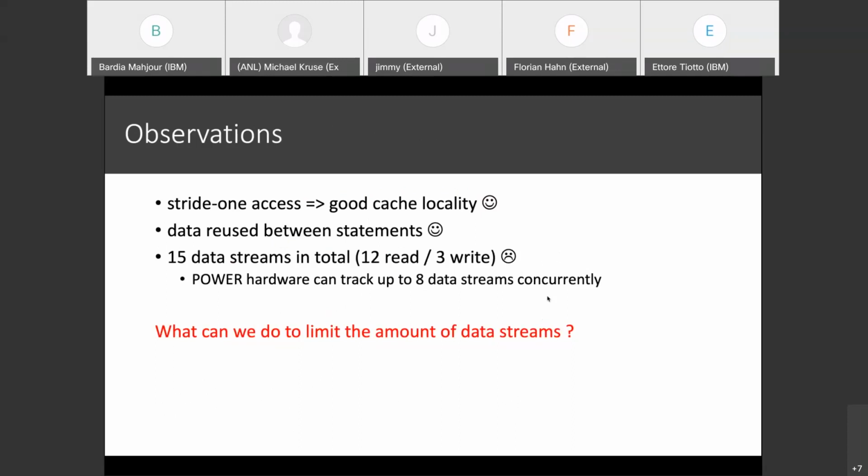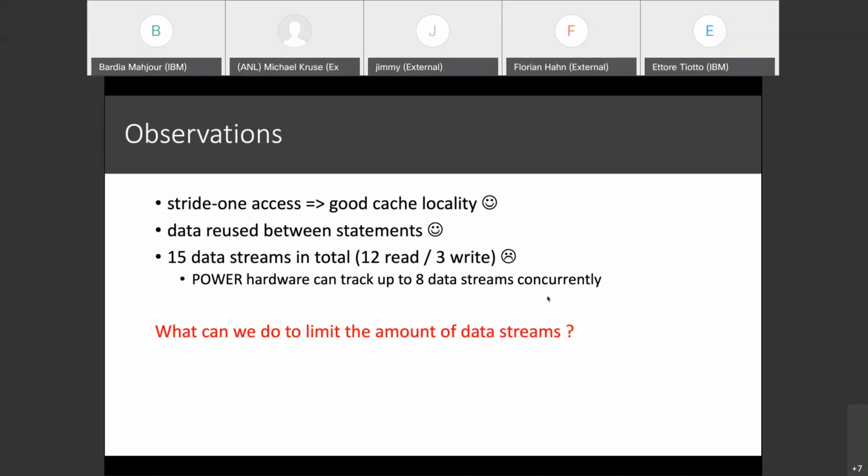Whenever the hardware determines that there is a stride 1 access inside the loop, it will track the access to stream data from L3 to L2 to L1 cache, so that when you go to L1 cache and try to access an element, it would have been streamed down from the memory hierarchy into the higher level, either already in L1, or if you miss, you're going to find it in L2.